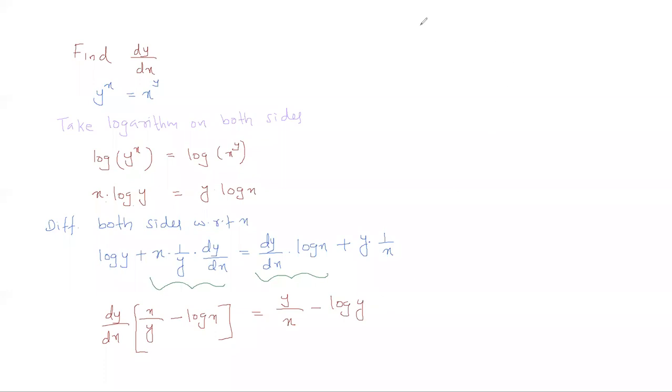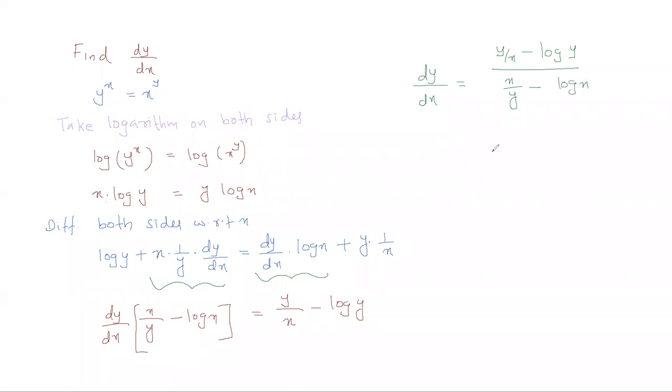Or from cross multiplying, dy by dx is equal to y by x minus log y divided by x by y minus log x.